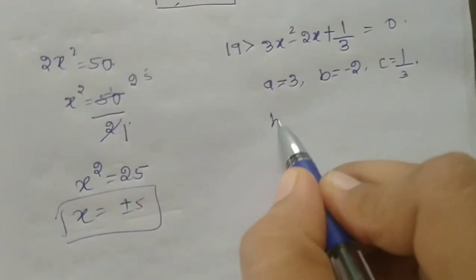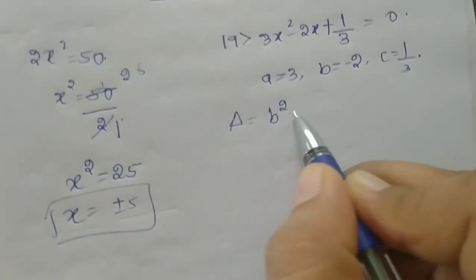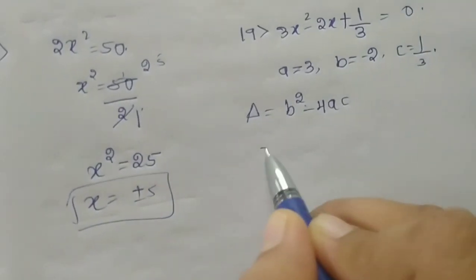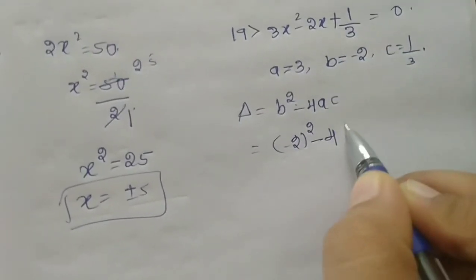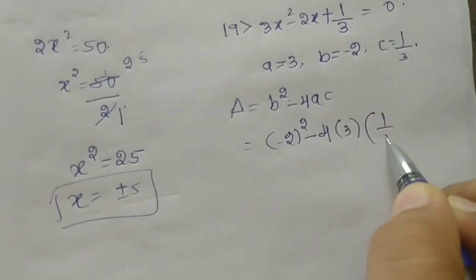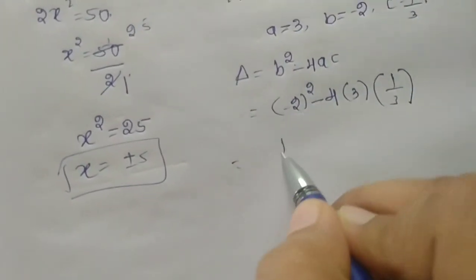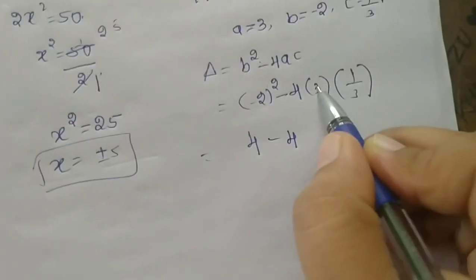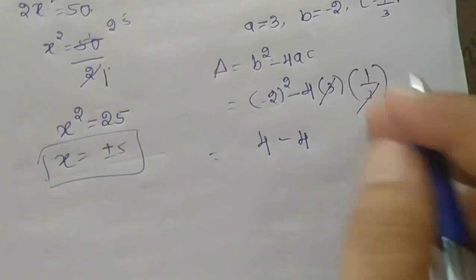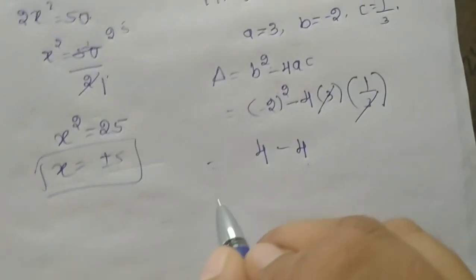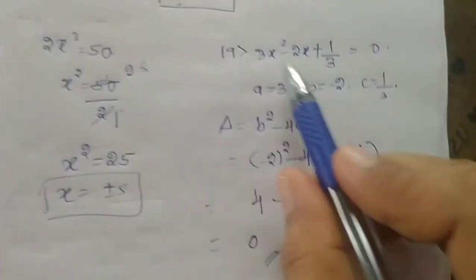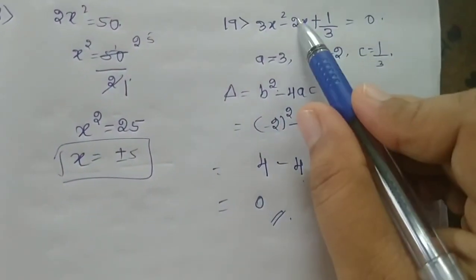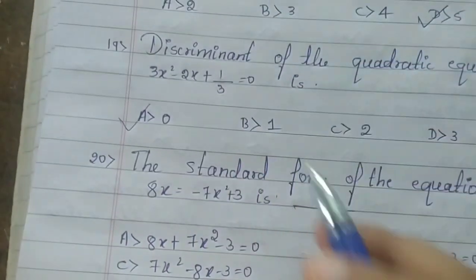Now we will substitute to find the discriminant: minus 2 the whole square minus 4 into 3 into 1 by 3. 2 twos are 4 minus 4. See here, 3 and 3 will get cancelled. What is remaining? 4. So 4 minus 4 is nothing but 0. Therefore the discriminant of this equation is 0. The correct option is option A here.